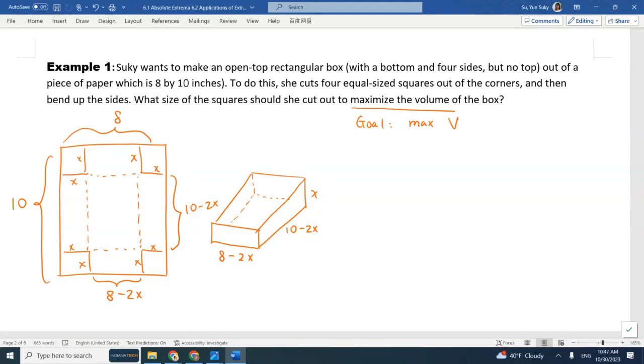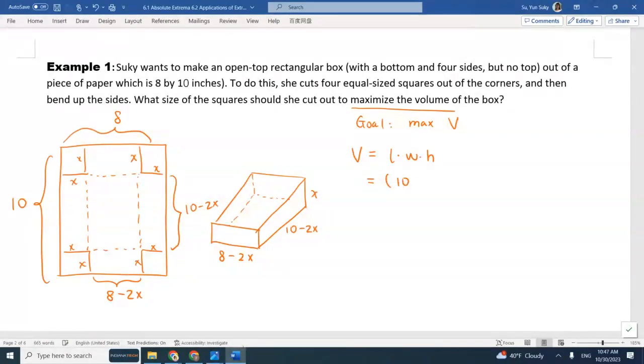Right, everybody? This is our box. The width is 8 minus 2x. The length is 10 minus 2x. And my height is x. So I want to maximize the volume. My volume is length times width times height.